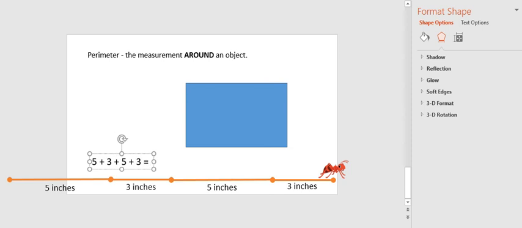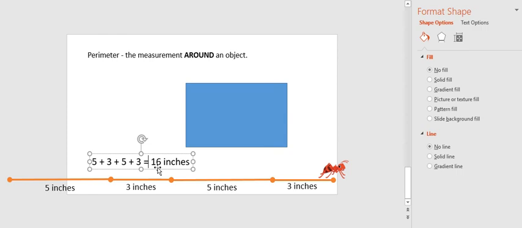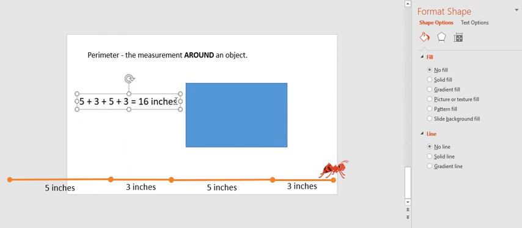And that ends up giving us 16 inches. So the perimeter of this rectangle, all the way around, the perimeter is equal to 16 inches.